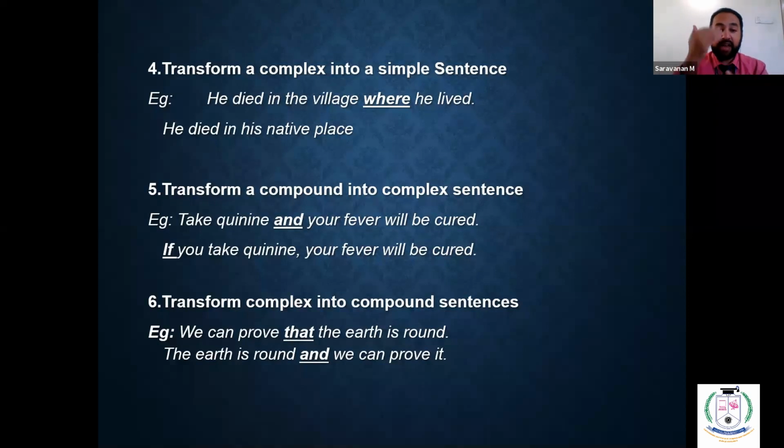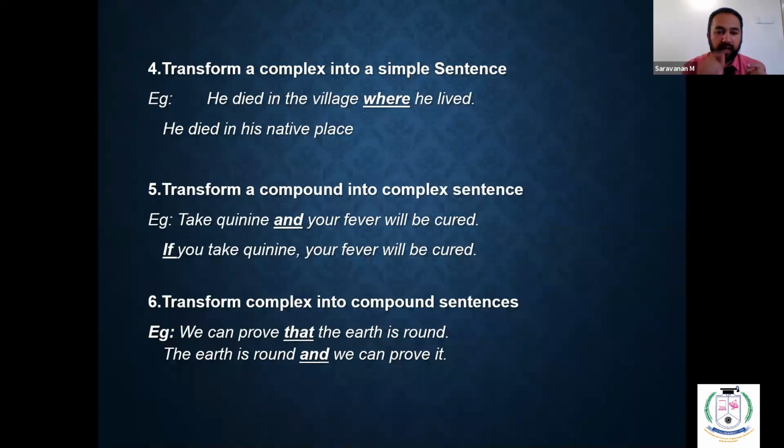Now we are changing it to a compound sentence. When you change it to a compound sentence, what happens? It becomes two independent clauses. That means both the clauses give you full meaning. Both the clauses can be considered as two different sentences joined together with the coordinating conjunction and.